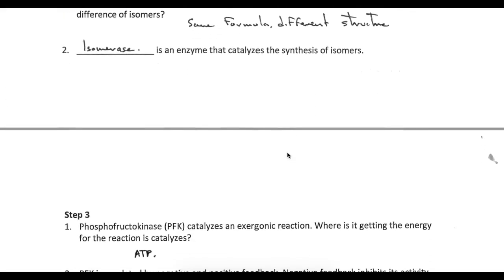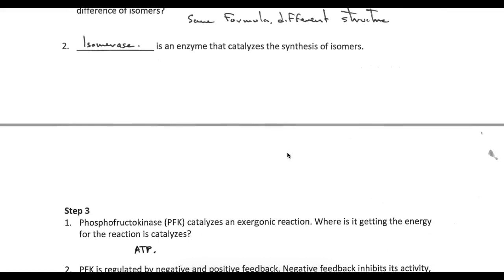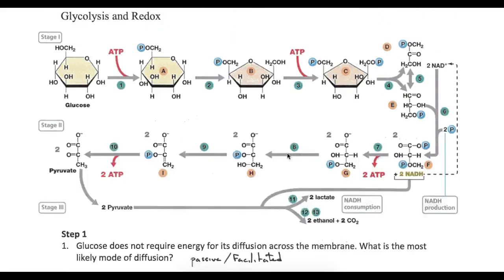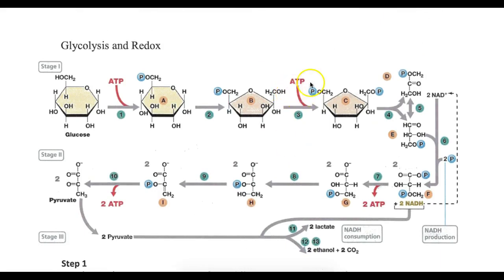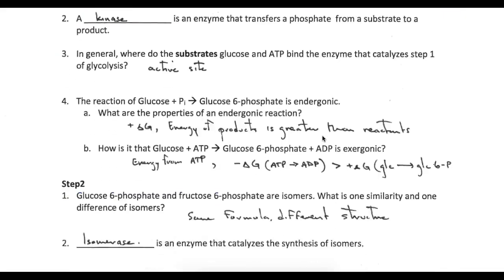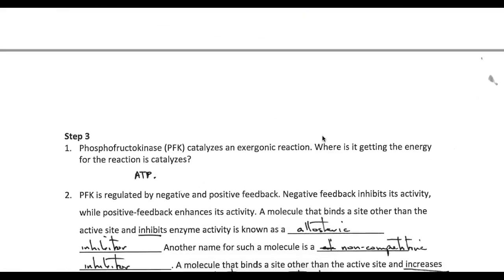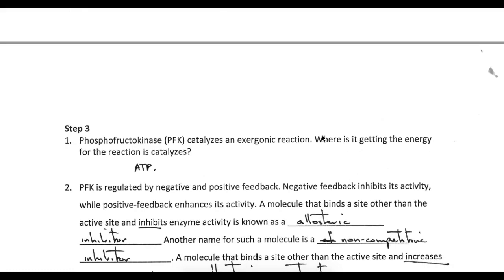On to step three. Phosphofructokinase catalyzes an exergonic reaction. Just like step one, that reaction can be driven by the presence of ATP, which, again, broken down to ADP, releases that phosphate and a whole bunch of energy. We talked in class about how PFK, or phosphofructokinase, is regulated both positively and negatively by different allosteric molecules.